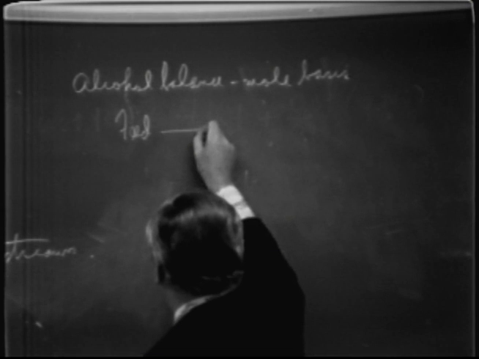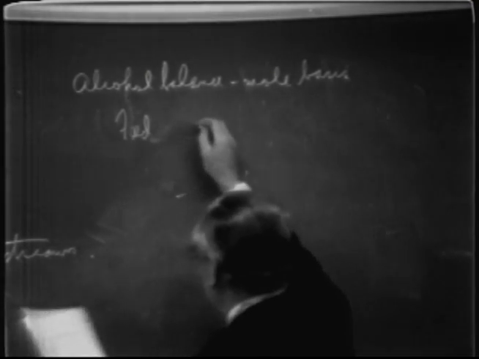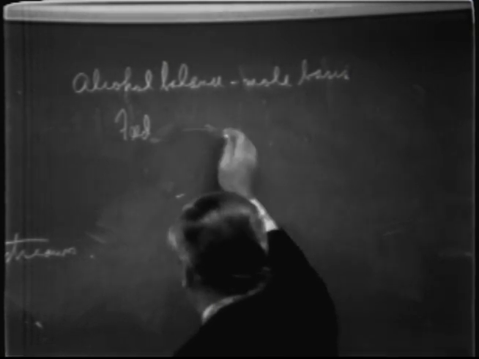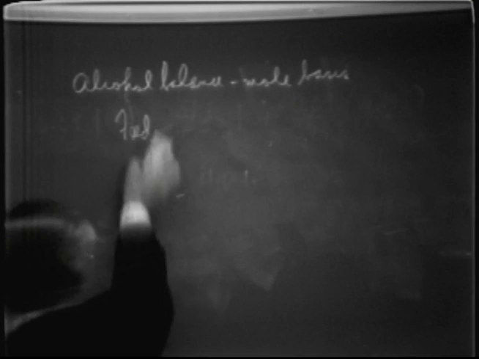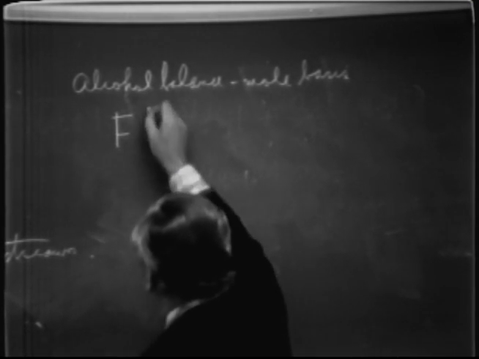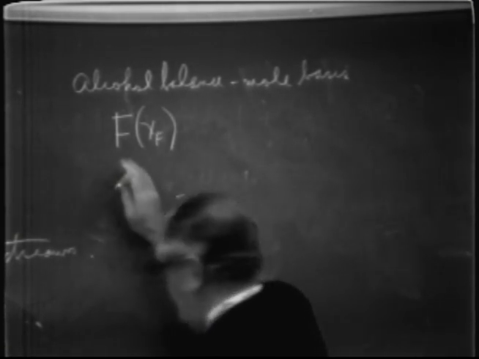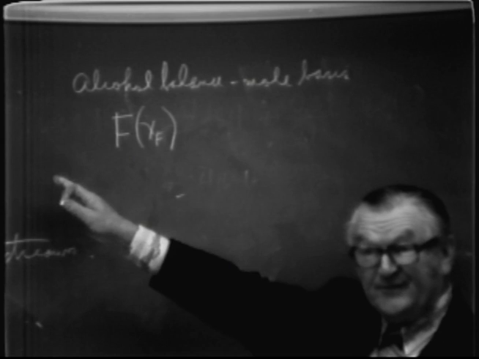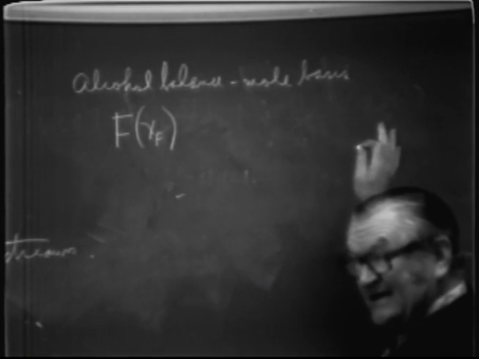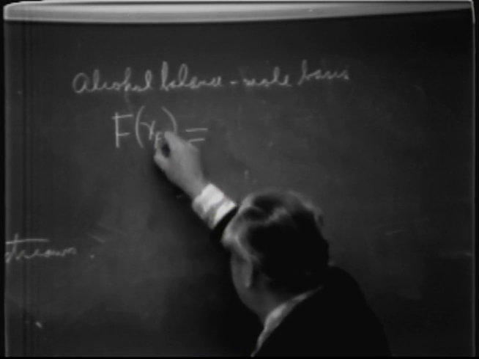The feed rate, F, times the composition X sub F would represent the amount of the alcohol going in, and that has to equal the alcohol going out.